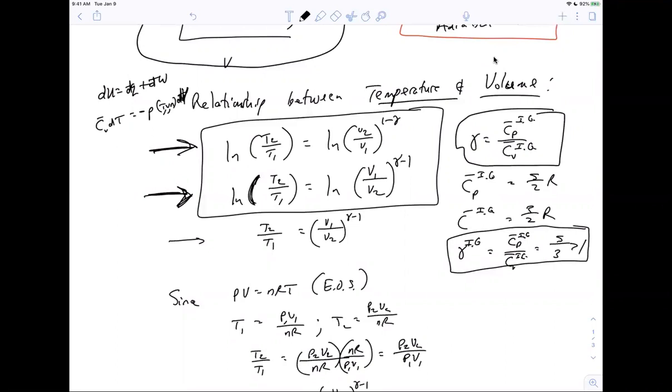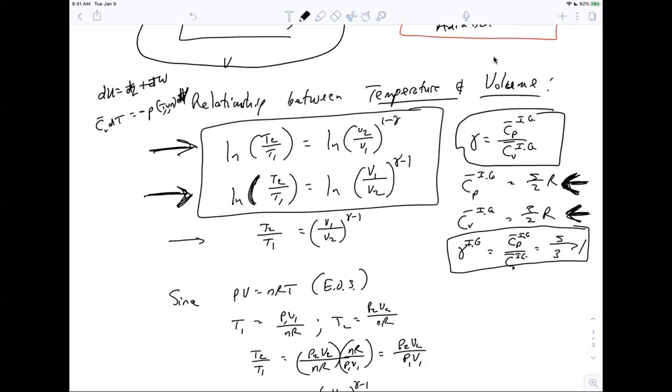Cp for an ideal gas is given by 5/2 R. It's a constant for an ideal gas only, and Cv is 3/2 R. So Cp is higher, as we would expect, because there's a volume change during a constant pressure process, the system does work, and so Cp is larger relative to the Cv case, where you have constant volume.